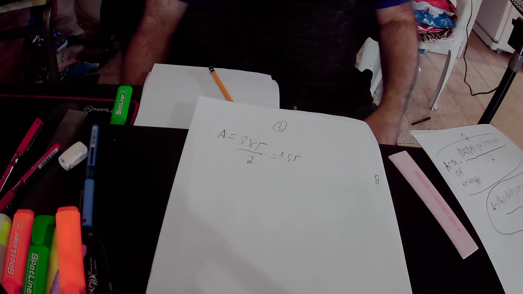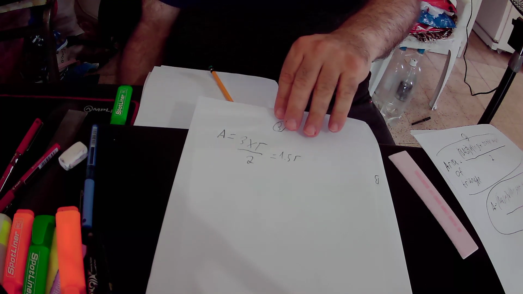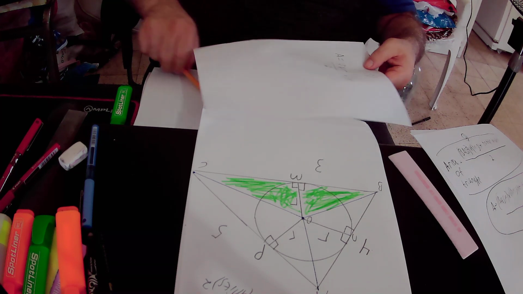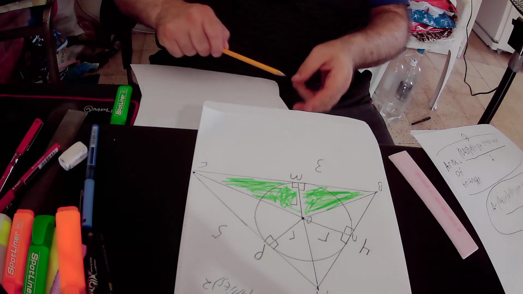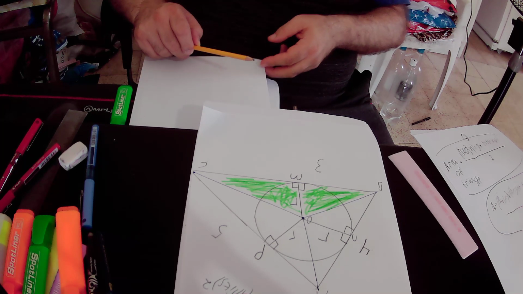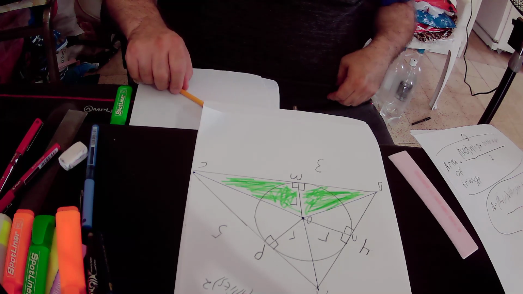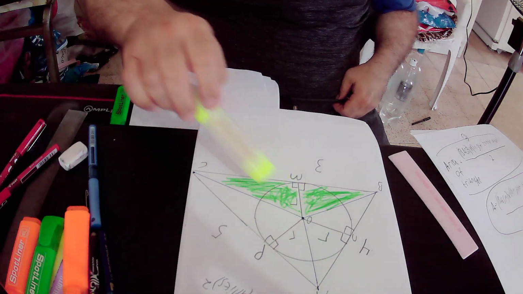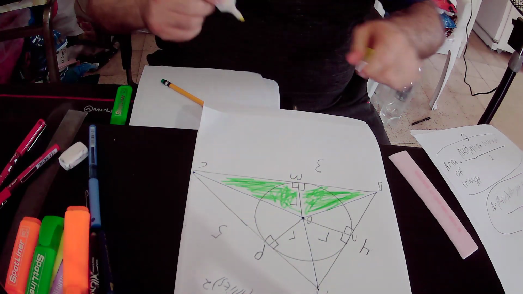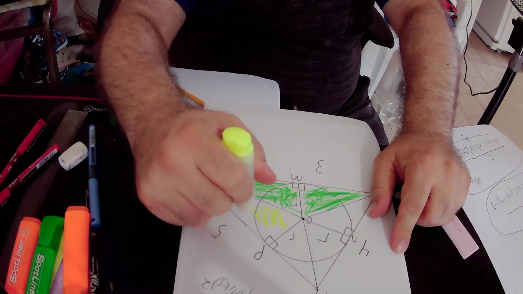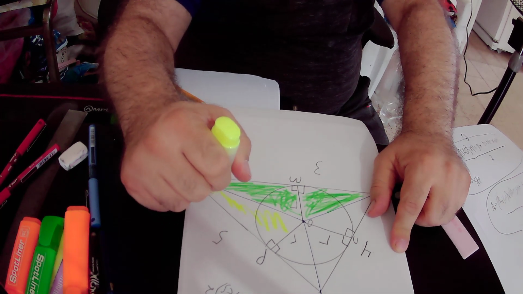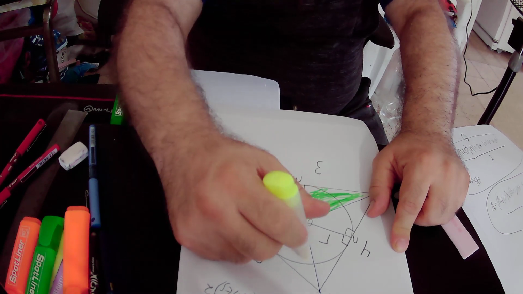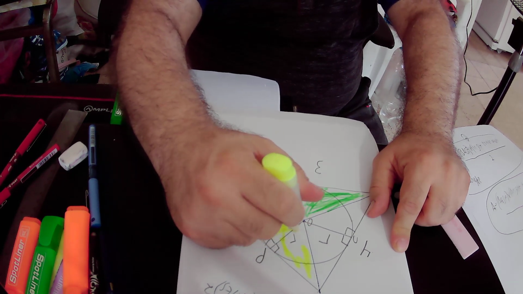Okay, and in the same way, by using the formula for a triangle, we will find out the area of triangle AOC, the yellow triangle.